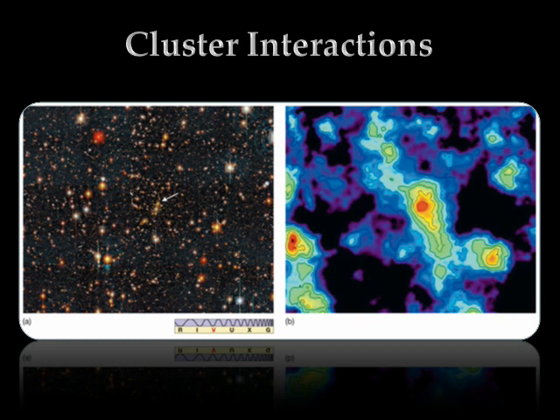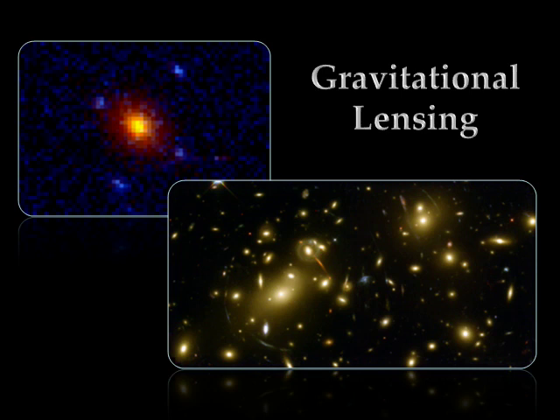The third evidence for dark matter is, I think, by far the most interesting, and its effect, known as gravitational lensing. The gravitational lensing is due to a notion that is an important aspect of Einstein's general theory of relativity, and that is that space-time is curved by the presence of mass.